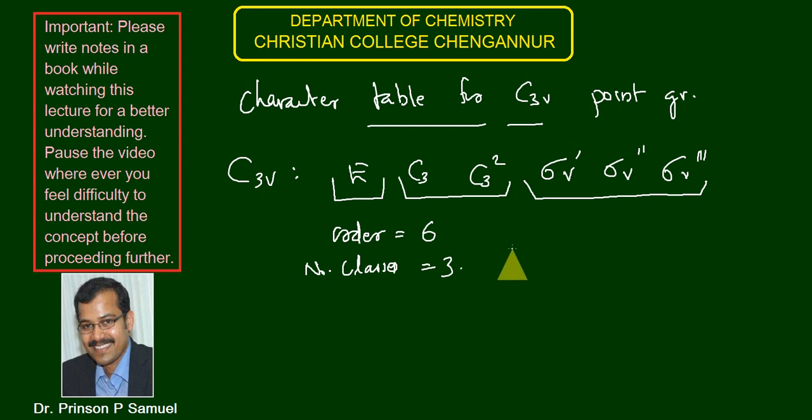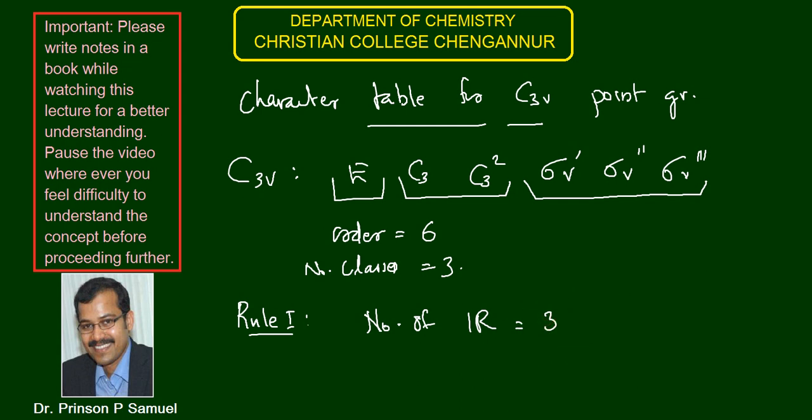This is what we have to understand first about the C3v point group before constructing the character table. Now we are going to construct the character table step by step by applying the rules derived from the great orthogonality theorem. Rule 1 states that the number of classes in a point group will be equal to the number of irreducible representations. So the number of irreducible representations in the C3v point group is equal to 3.